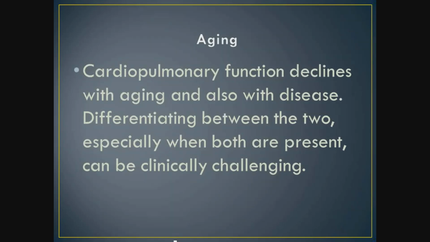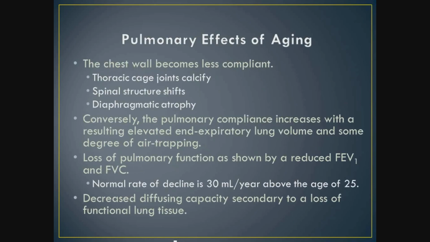If somebody has a pulmonary disease, say COPD, chronic bronchitis, that also is going to cause cardiopulmonary function to decline. The question is, how do I differentiate between the two? Is the fact that the person is becoming more dyspneic because their disease is worsening, or is it just the normal degradation in our lung function?